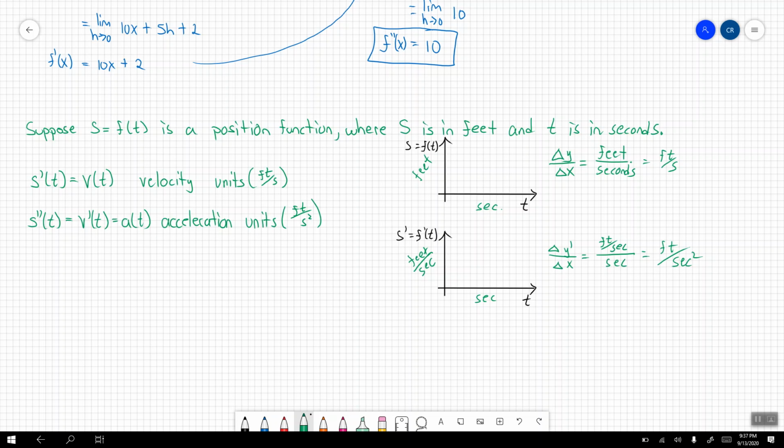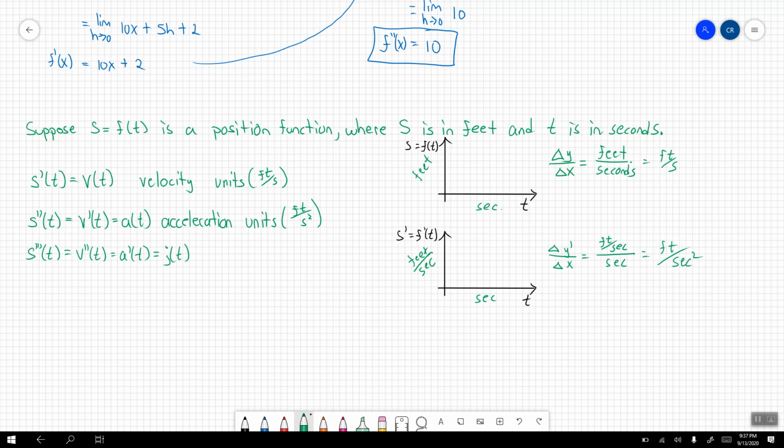And we have one more that we talk about, but a lot of people don't like to talk about this. It's a third derivative. A lot of people don't know that it exists. I do. And I like it. J of t.